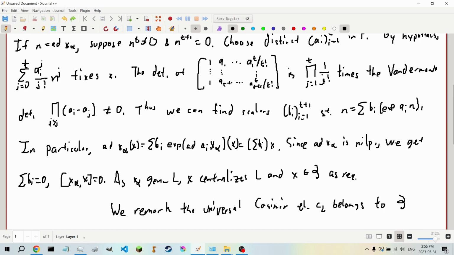And this is by our previous calculation, just omitting the representation that we used for it.